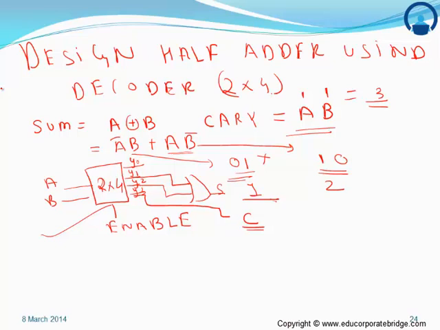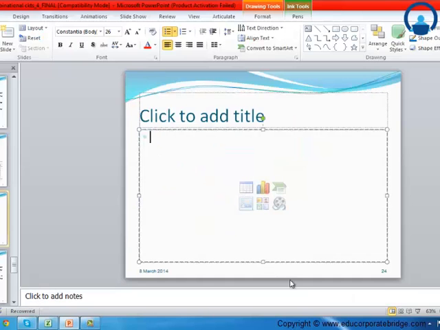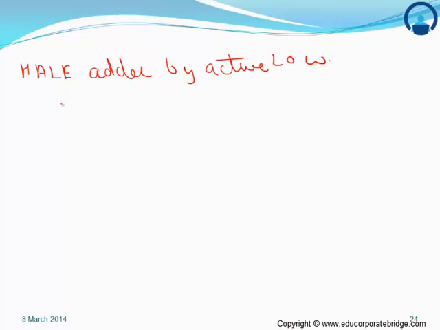Now, similarly, let's study the half adder using an active low decoder. That was the active high decoder. Now let's study the half adder by active low decoder. Let's draw the basic block diagram for the half adder with an active low decoder.